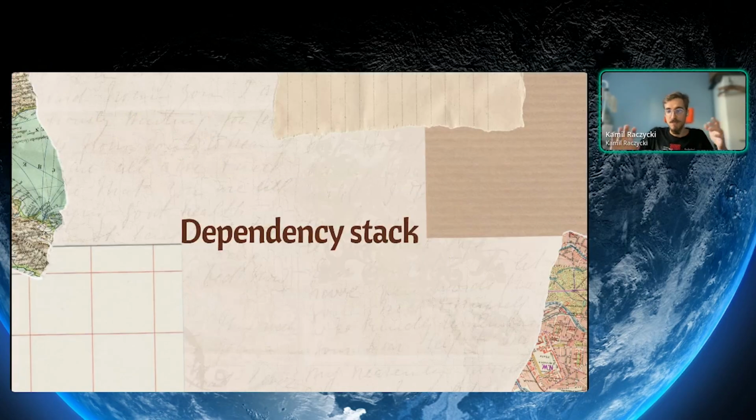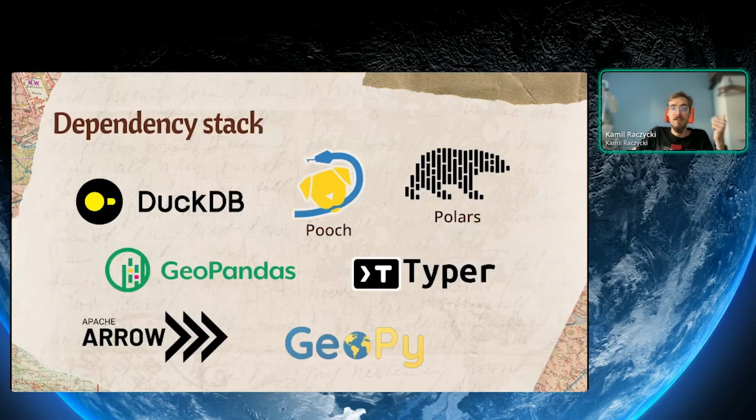Okay, so what's the dependency stack for the library? I'm using mainly DuckDB to create all of those queries to wrangle the data. I'm using the Pooch library for getting data from the internet, for downloading files. I'm using Polars as well because some operations are faster in Polars than in DuckDB.